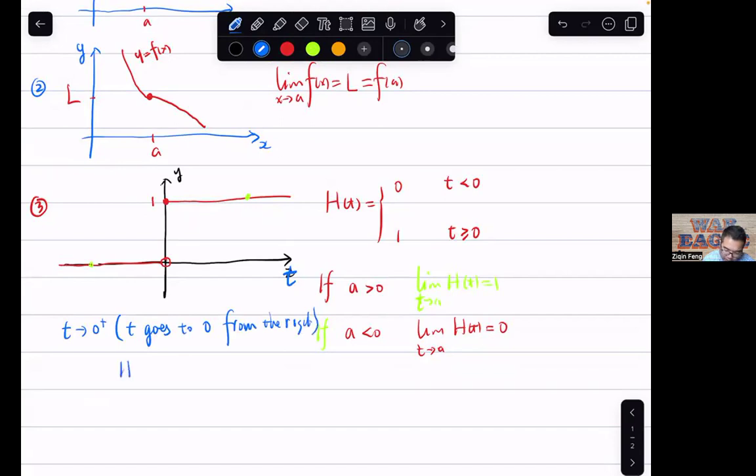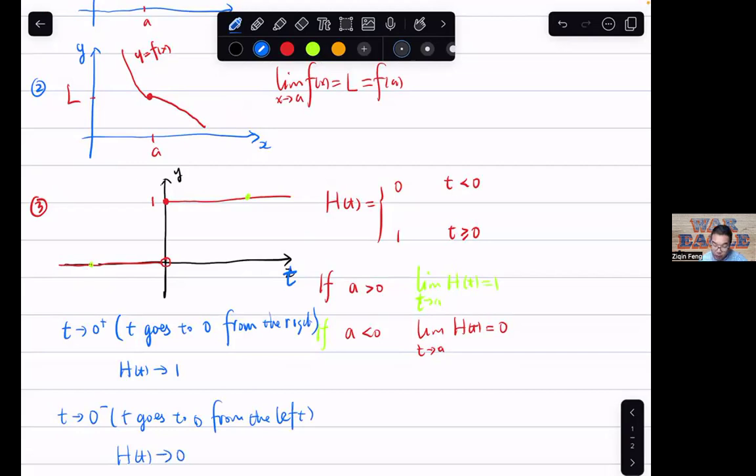So h of t goes to 1. As t goes to 0 from the left, h of t is always 0. For sure it goes to 0. So this limit at 0 doesn't exist.